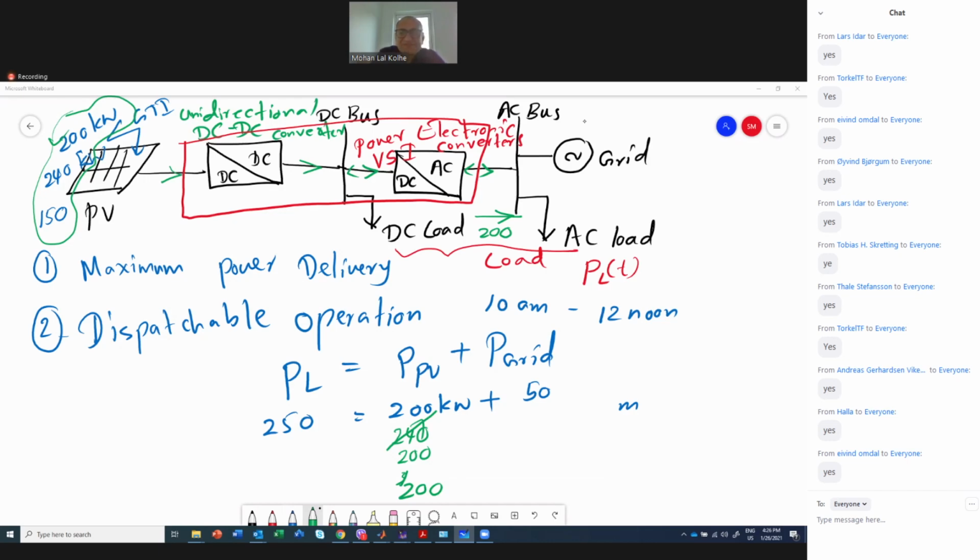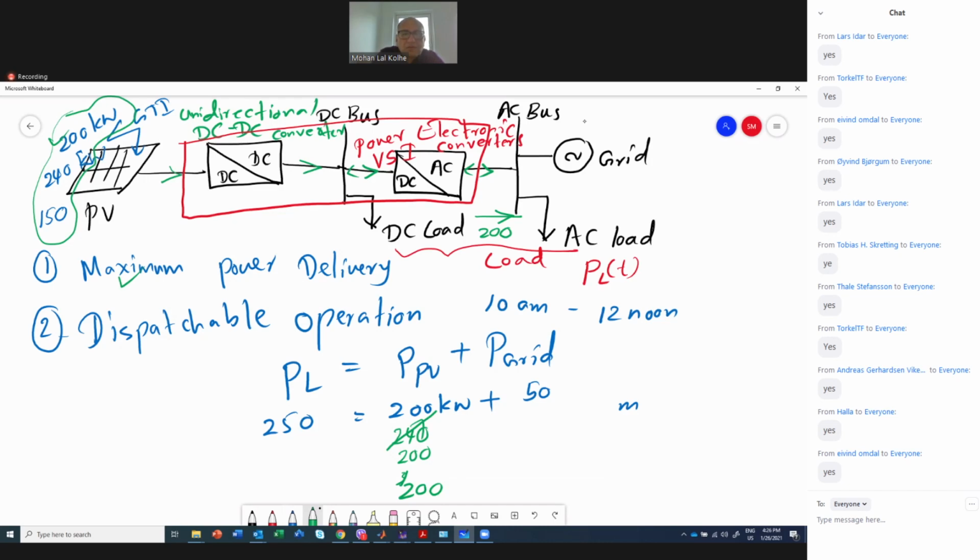So far I explained we are going to construct our PV system in basically two operations, that is maximum power delivery and dispatchable operations. Tomorrow we will discuss this maximum power delivery, the control strategies related with it.